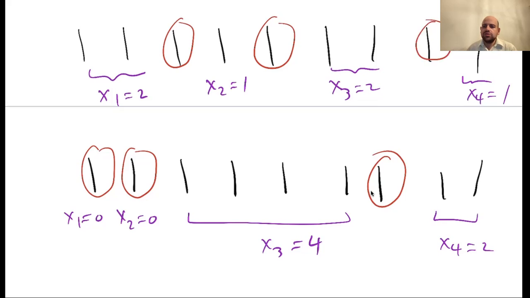So what did we show here? We showed that there is a one-to-one correspondence between the solutions of this equation and choosing r minus 1 bars out of n plus r minus 1 bars. If I choose r minus 1 bars, then that choice will correspond to a unique solution of this equation.